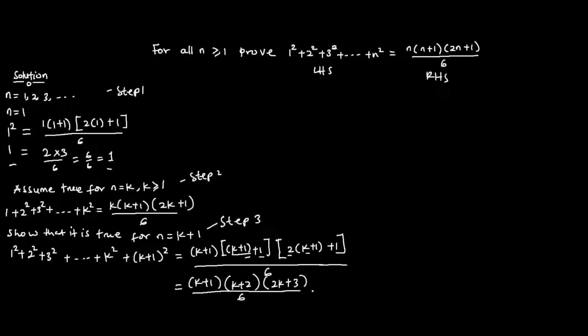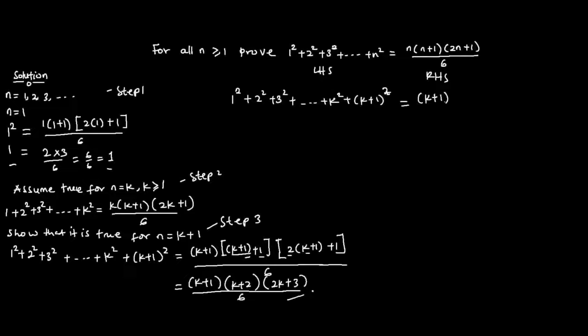So from step 3, we know that 1 to the power 2 plus 2 to the power 2 plus 3 to the power 2, plus all the way to plus k to the power 2 plus k plus 1 to the power 2 equals what we have here.